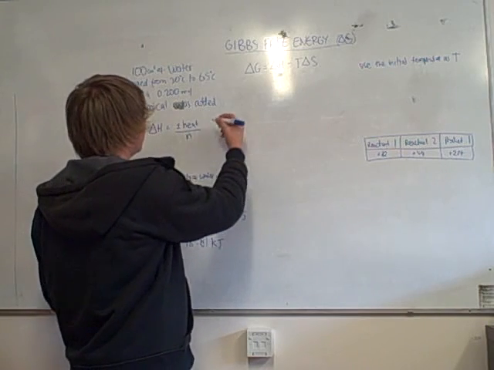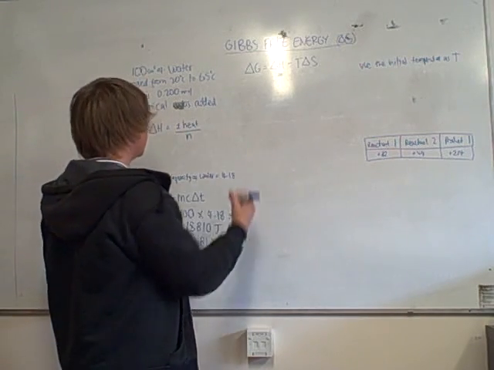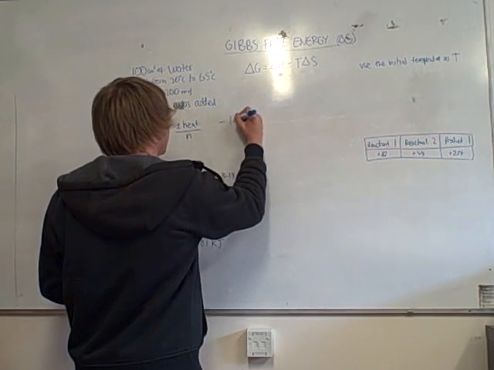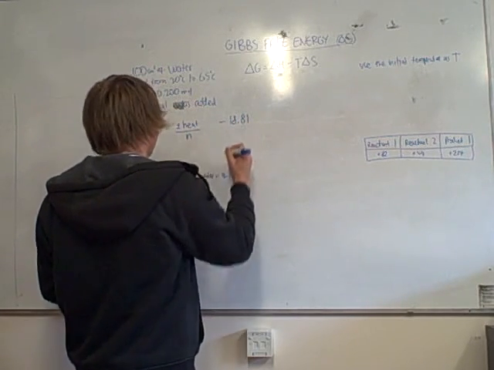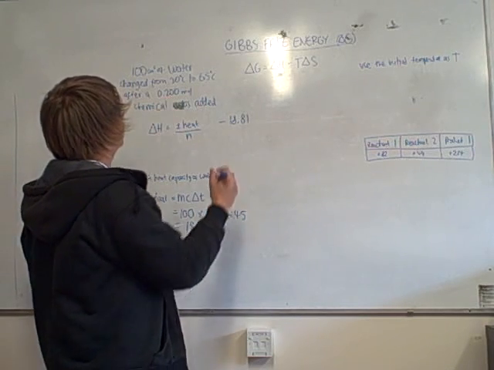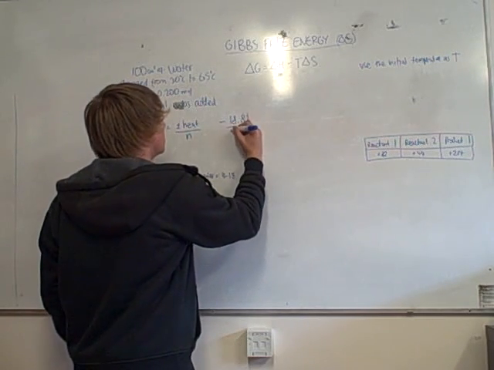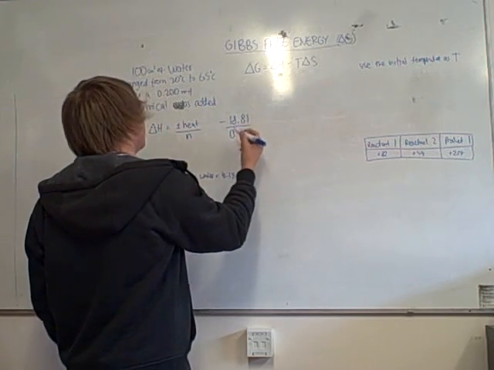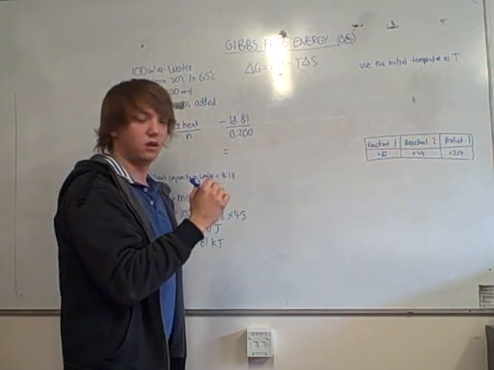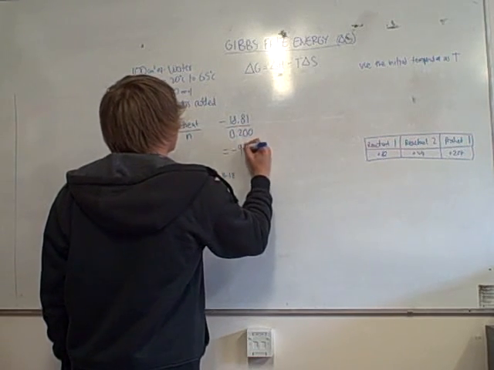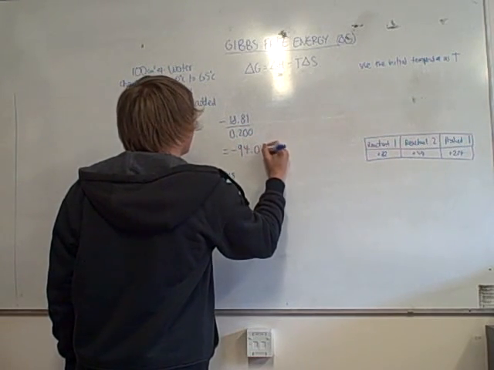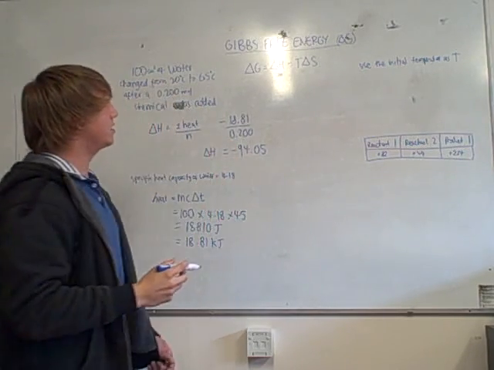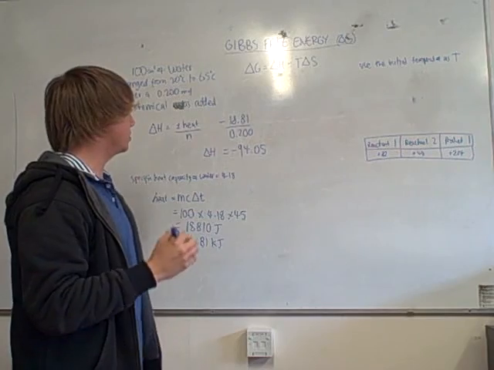In this case, because it's plus, we're going to go minus 18.81, and moles were 0.2, and then that equals 94.05. So now we have delta H from our equation.